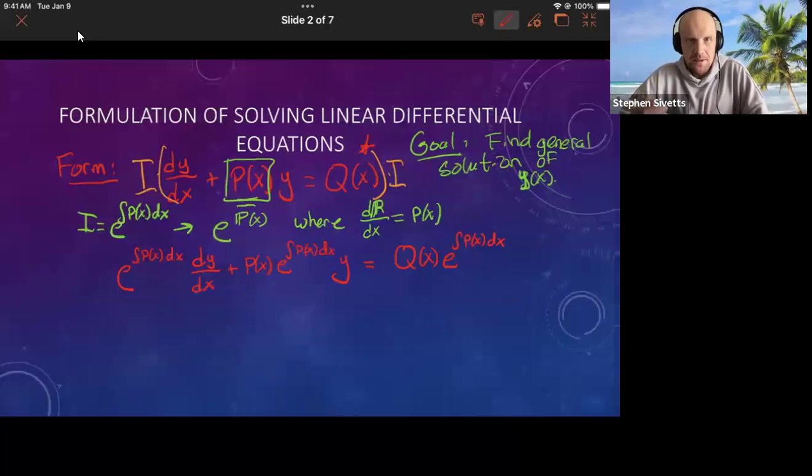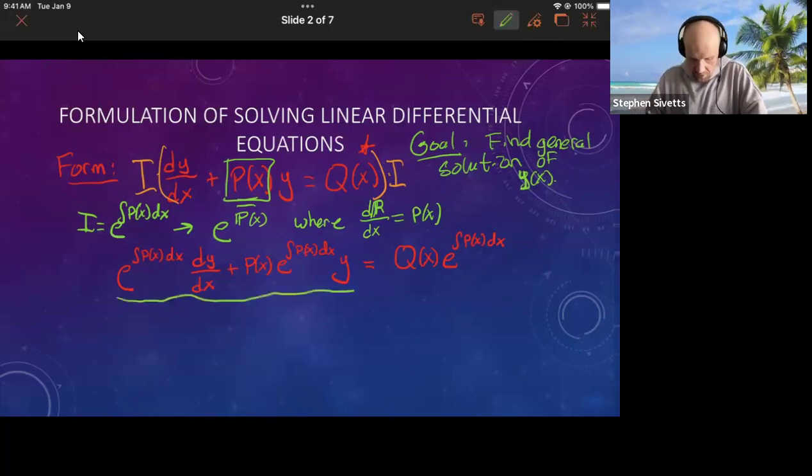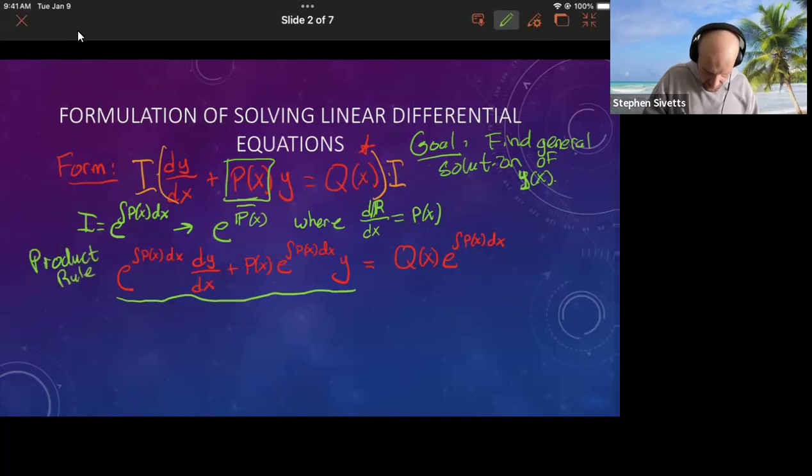So the next step is, if you notice on the left-hand side of this equation, you can use the product rule for derivatives, but you have to use it backwards.